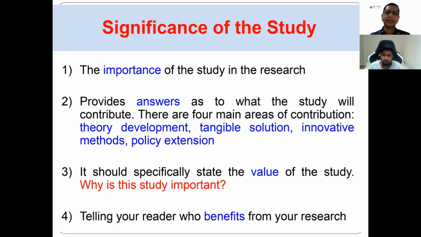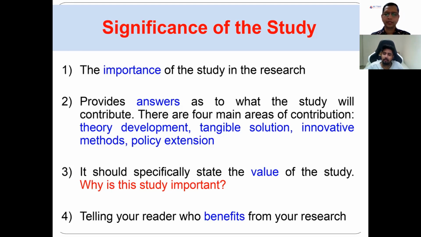It provides an answer as to what the study will contribute. There are four main areas of contribution. Remember that. Theory development. In the literature review part, in chapter 2, when you are writing the literature review, you need to link to one of the theories. So in terms of theoretical development, you can find out some tangible solution.